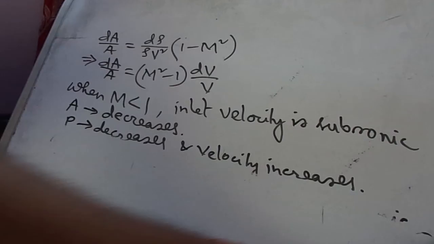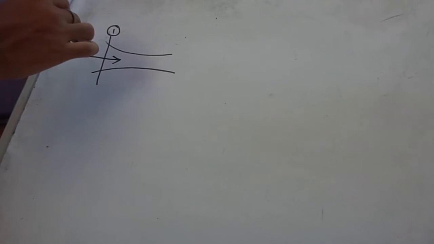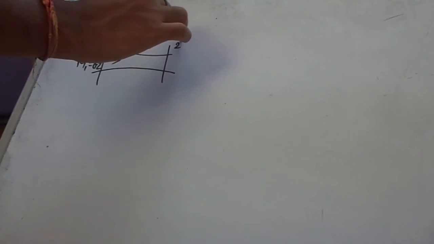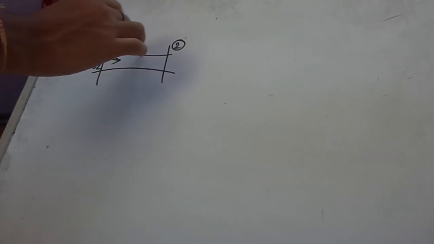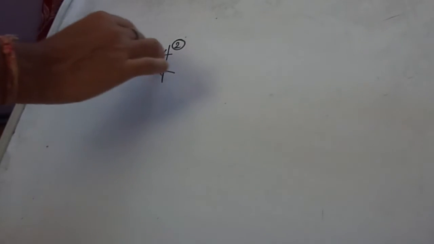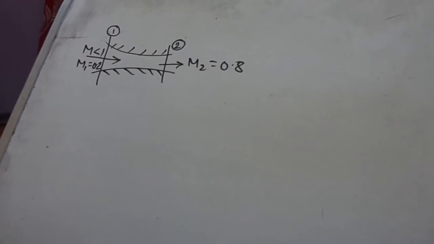If you draw the diagram, this is the one with M less than 1: M1 is equal to 0.2 at section 1, and M2 is 0.8 at section 2. So this is the subsonic nozzle.